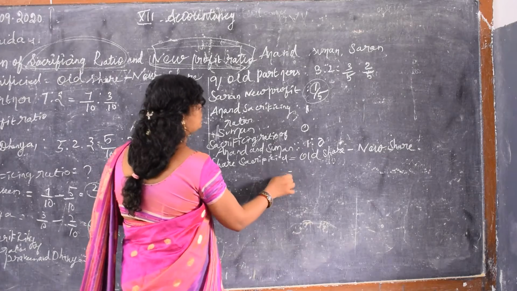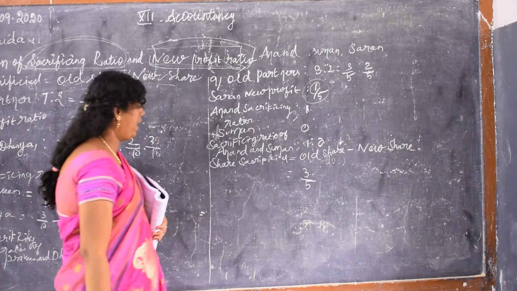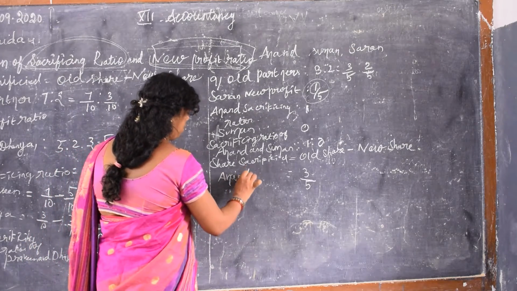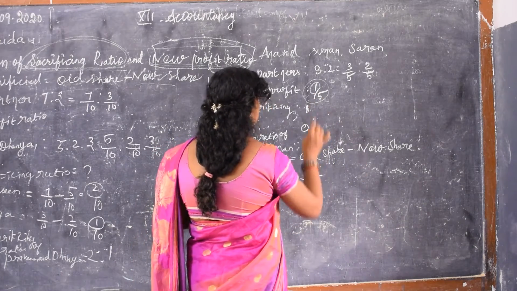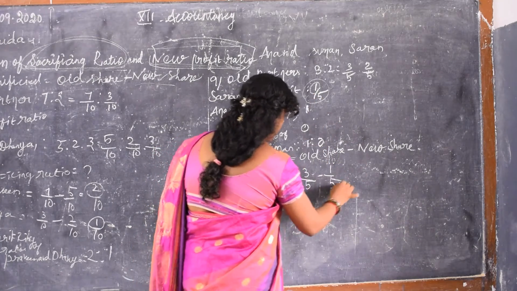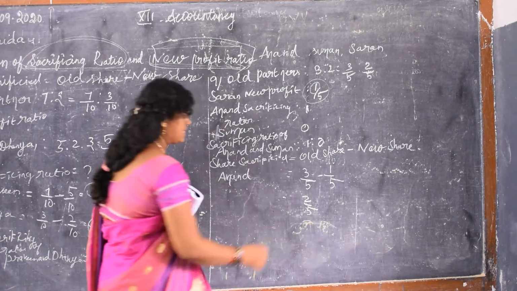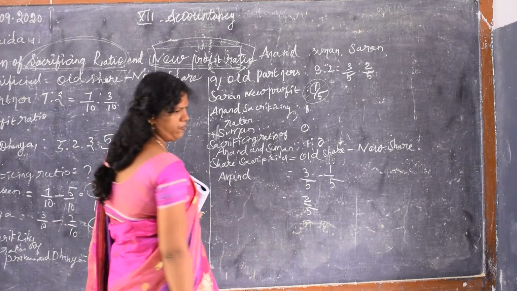The old share I have written here for Anand is 3/5, minus new share 1/5, we get 2/5. Share sacrificed is 2/5.